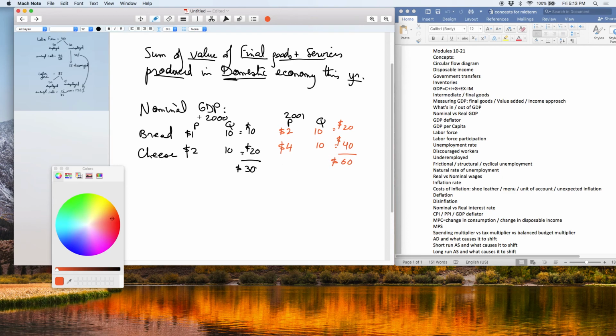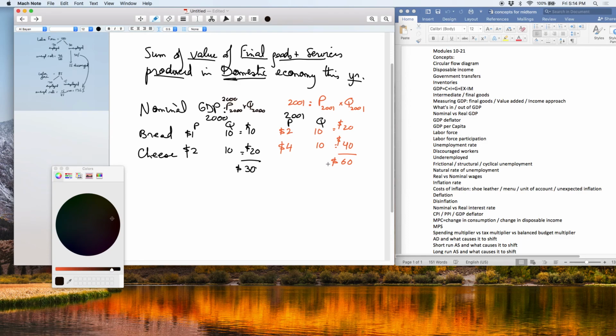So nominal GDP is current price times current quantity. Price times quantity. In 2001, it would be the price in 2001 times the quantity in 2001, added up for all the goods. And in 2000, it would be the price in the year 2000 times the quantity in the year 2000.